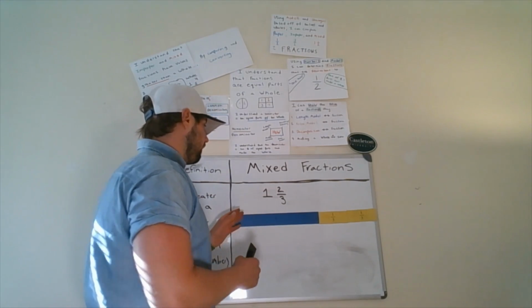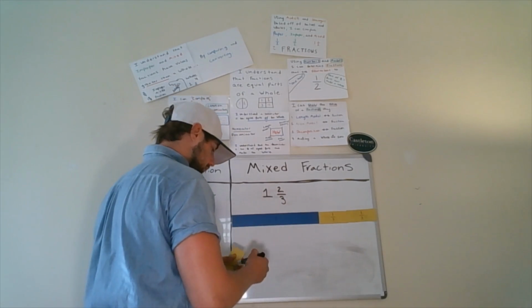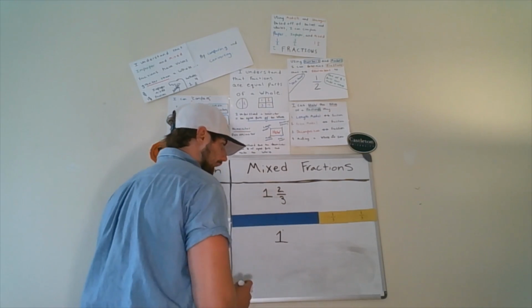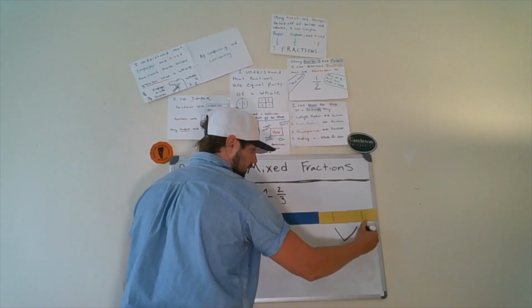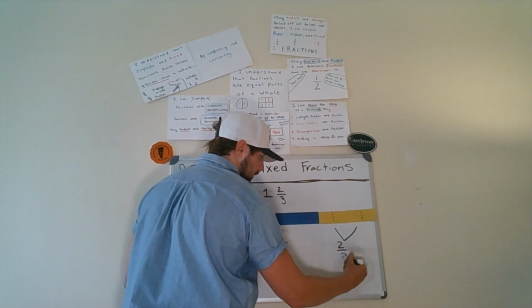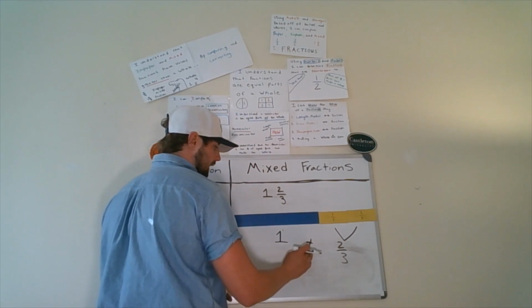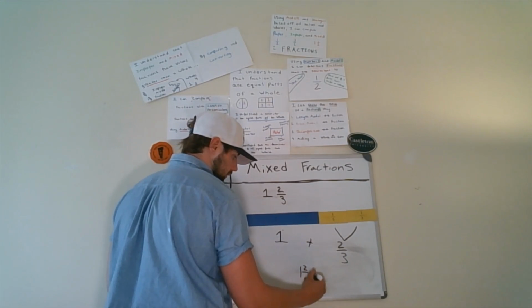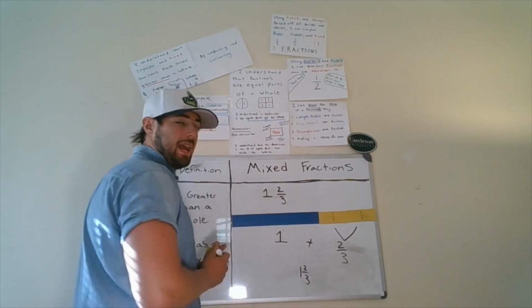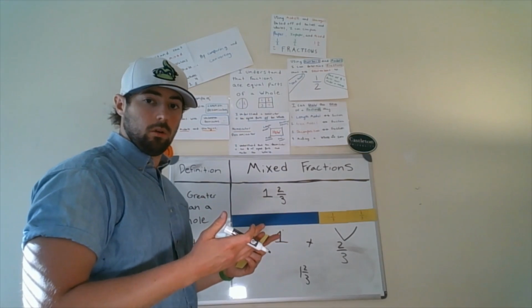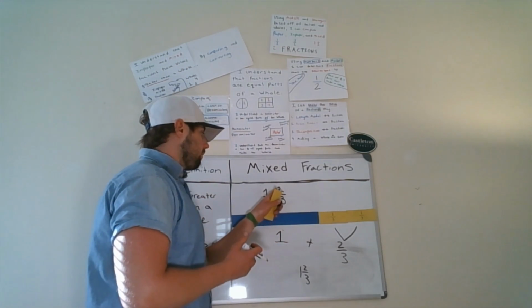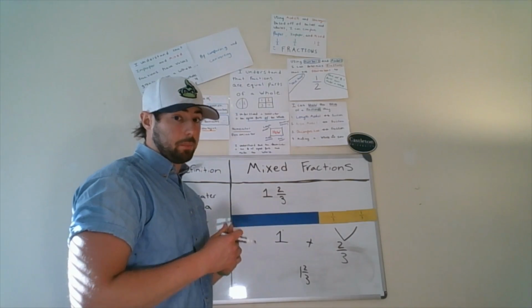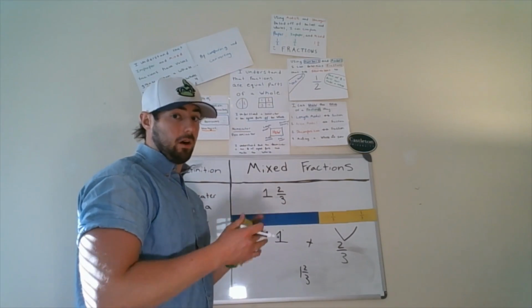Okay? So, we have that whole, and we have that 2/3. 1 and 2/3. But what makes that whole? When we're thinking about fractions, we always need to think about the parts that make that whole.